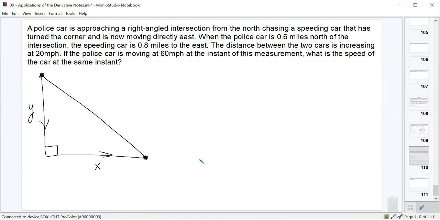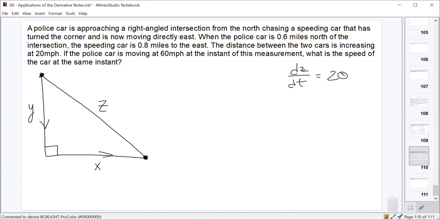So we couldn't label that with a value. Anyway, we have to label it with a variable. Let's call it z. And I'm going to note off to the side over here that we know that dz/dt is 20, because it says that that distance is increasing at 20 miles an hour.